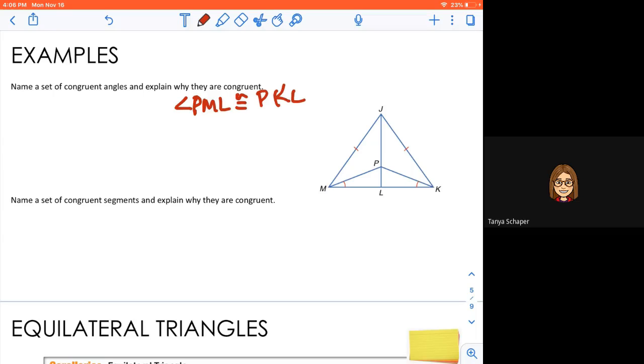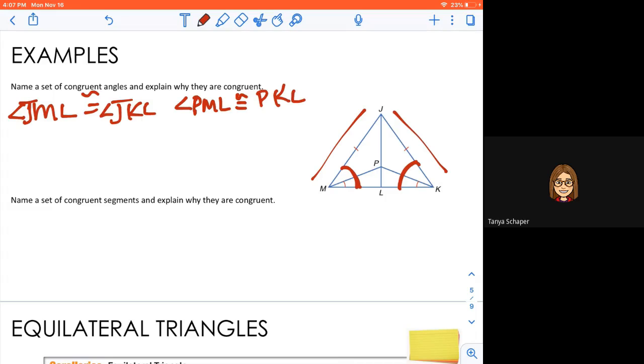We also can say that angle JML is congruent to angle JKL, because these two sides are congruent, this angle is congruent to this angle. And we got to make sure we name them right. We can't just call it M and we can't just call it K because there's actually three angles from the vertex K and three angles from the vertex M. And so with this one, we're using the isosceles triangle theorem.